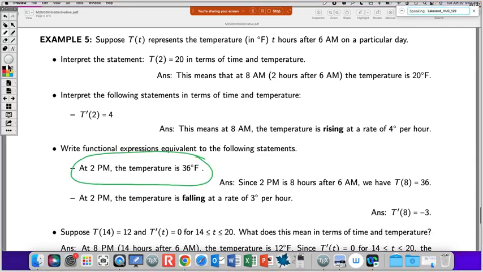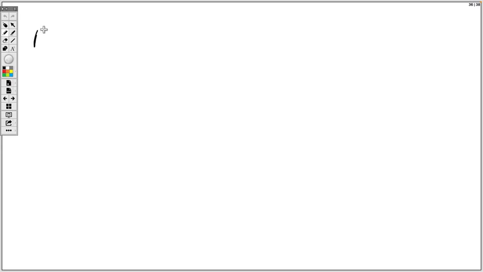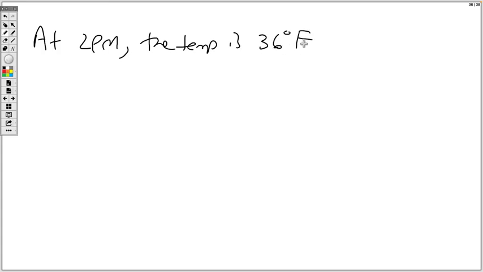At 2 p.m., the temperature is 36 degrees Fahrenheit. So we want to write a little math equivalent to that. Okay? So at 2 p.m., that's a t value. What time does that correspond to?